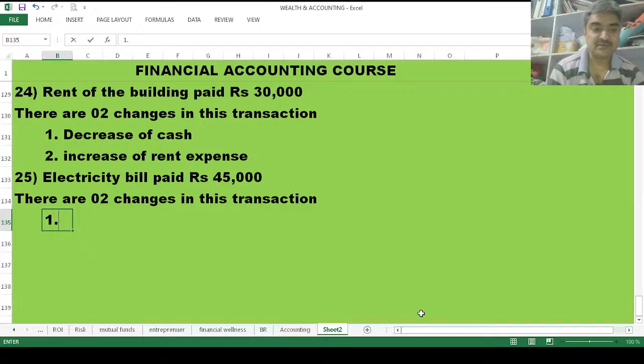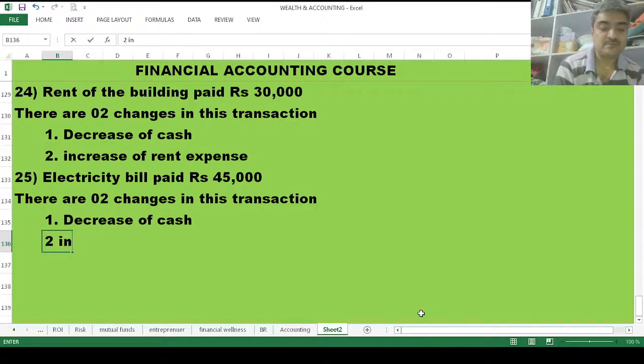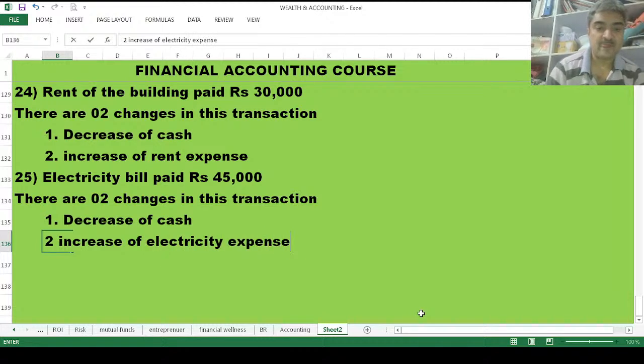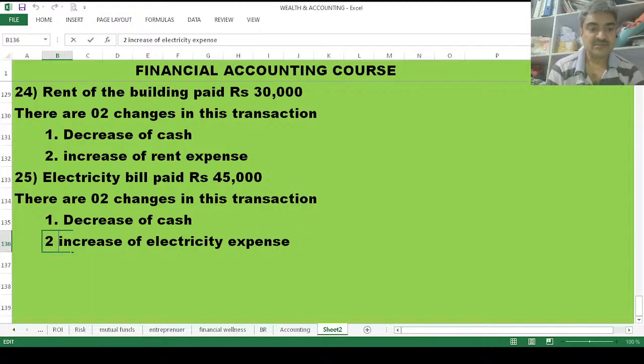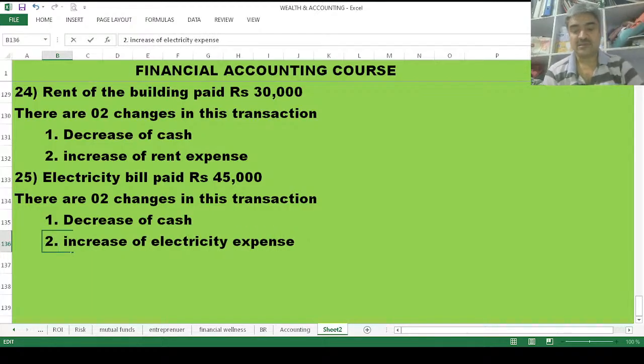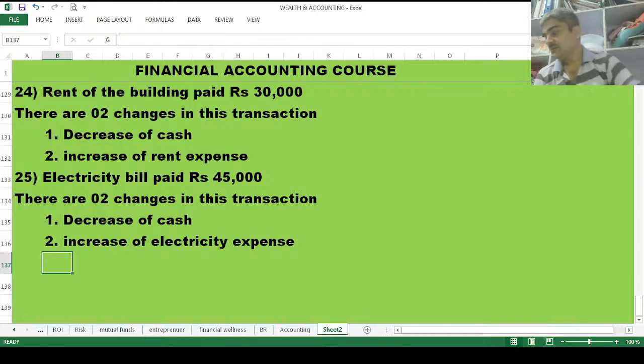Number one is decrease of cash. Number two is increase of electricity expense, or electricity charges. So electricity charges or electricity expense is an expense item. Okay.